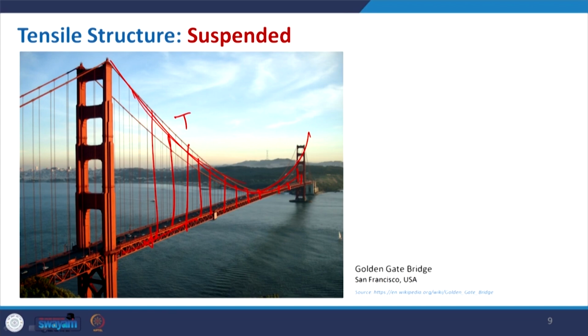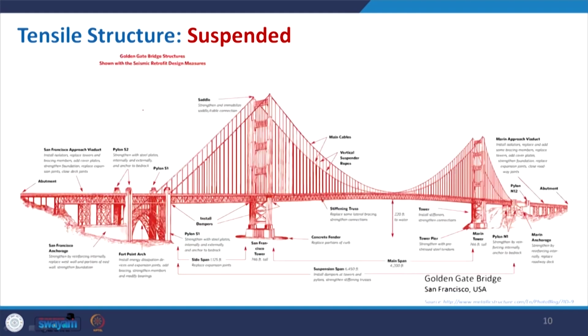So, this is the example of the tensile structure, and why it is called tensile, because the majority of the elements in this whole system are taking the tensile force and resisting that, and that is why it has the name. If you see this, this is the overall structure where they have shown different components and how they make this structure stable, but our concern is to know the main cables and the vertical, what we call vertical suspender ropes, which are taking care of this.